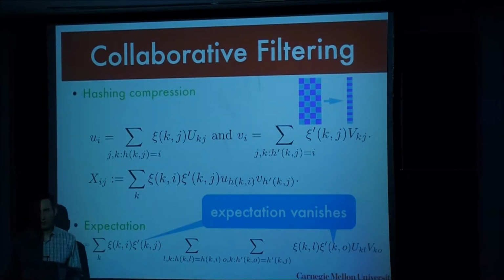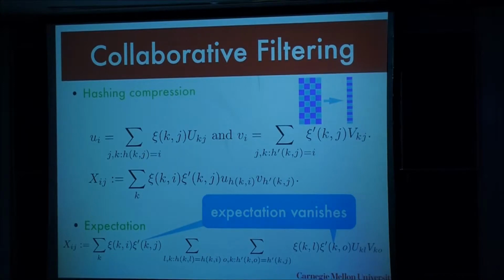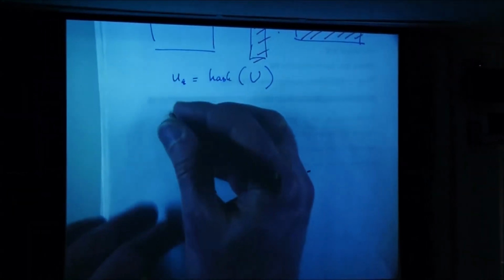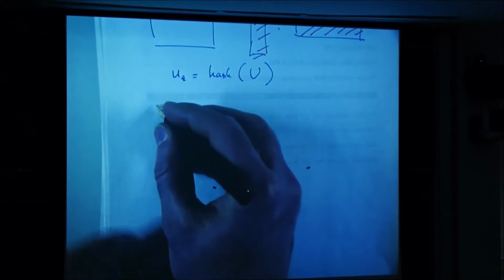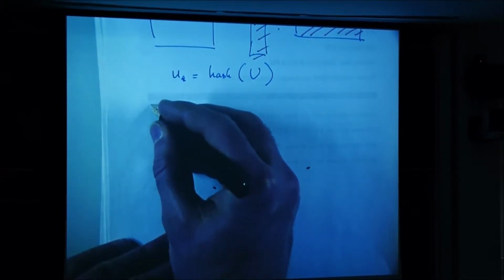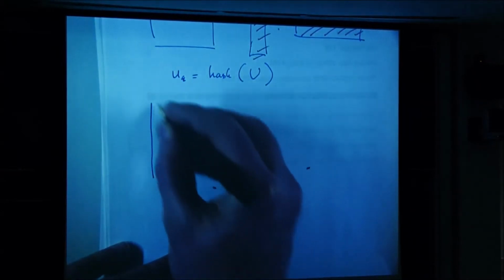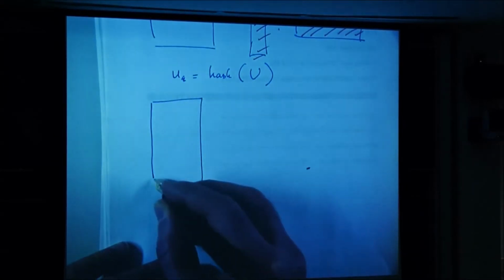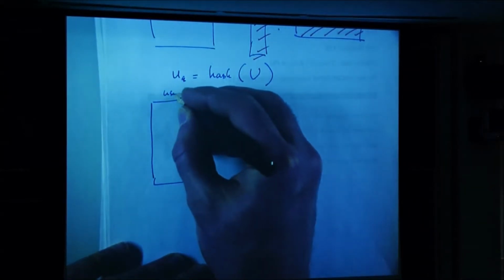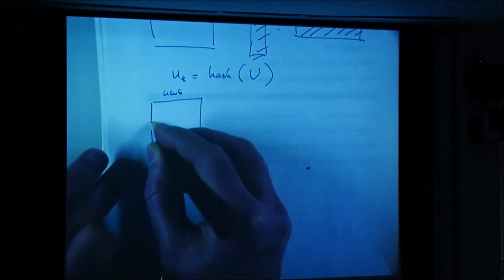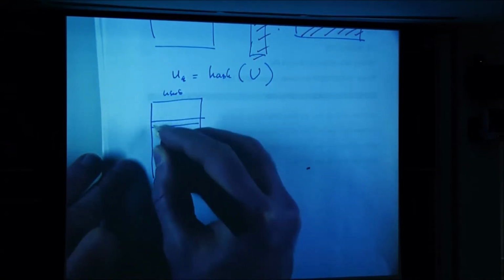Okay. Now, can somebody see a really big problem with this approach on real hardware? Okay. Let me give you a hint. So if I do collaborative filtering with conventional matrices, well, what I would do is I would, for instance, have a matrix for the users. And all the attributes for a user would be in sequence.